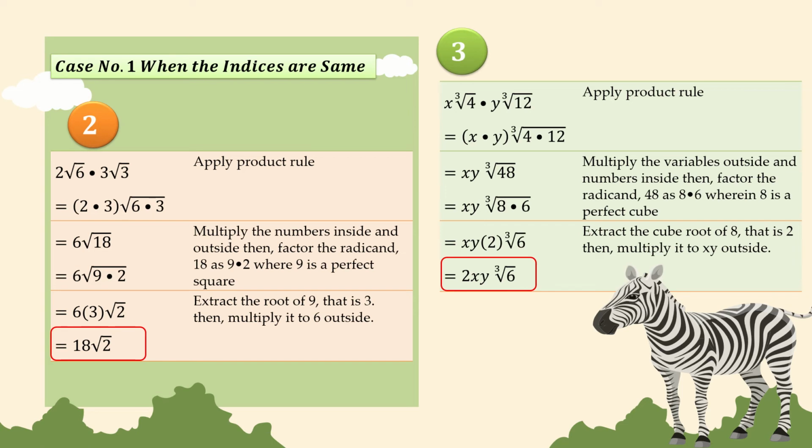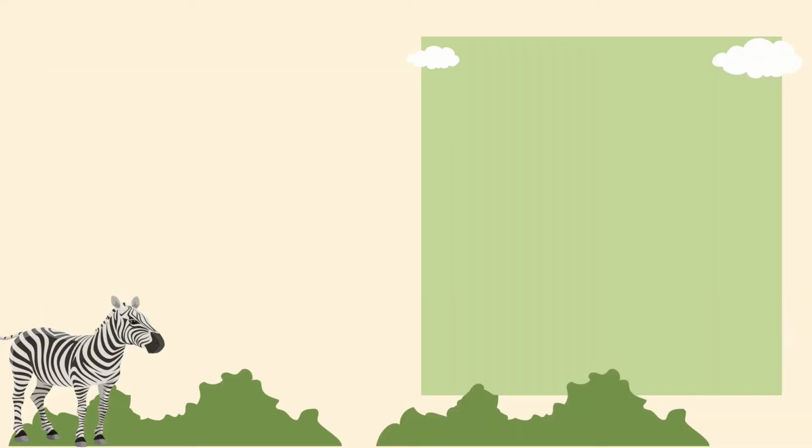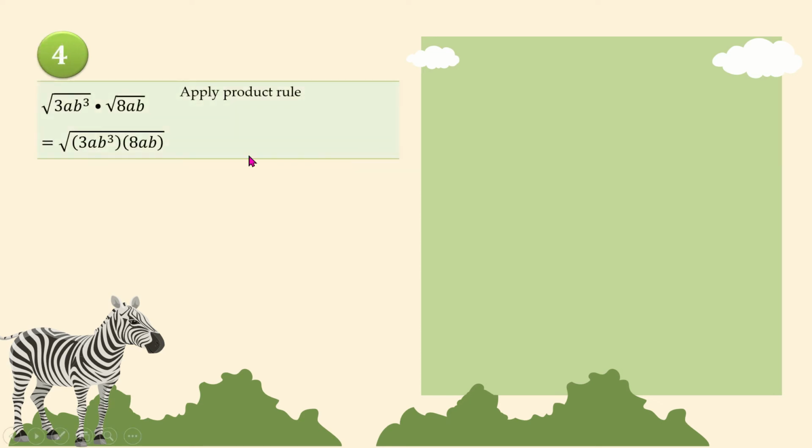Do we have any other question? We have another example. I could not answer your question because this is a recorded one, right? For example, the square root of 3ab cubed times the square root of 8ab. Apply the product rule.